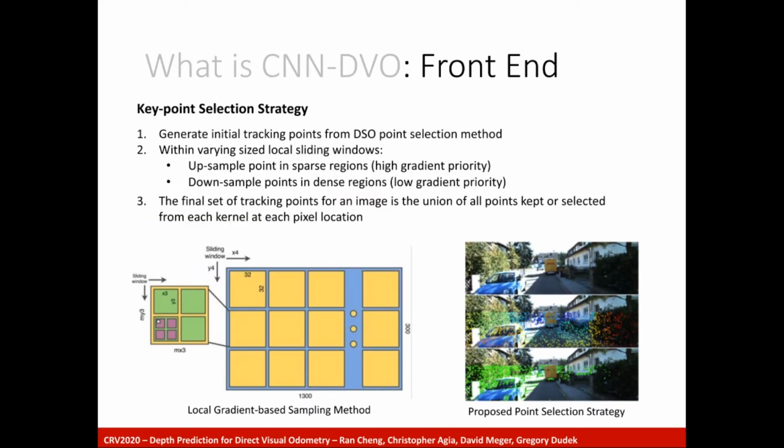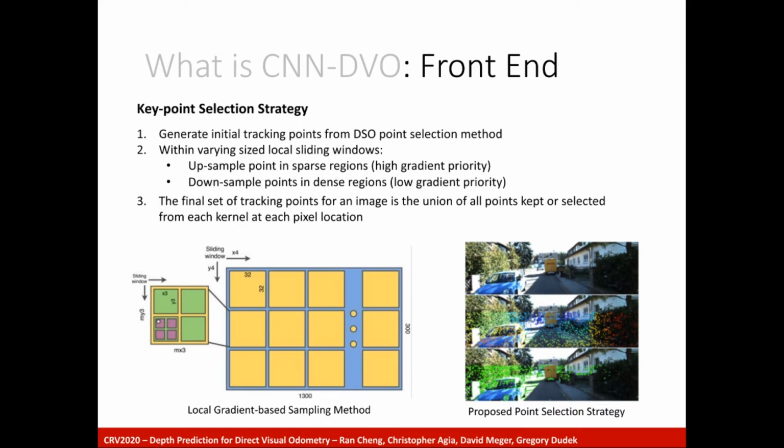So let's get a little bit more into the CNN-DVO front end. So the first proposal we make is an updated point selection strategy, which extends the original point sampling method from DSO. So why do we do this? The original point sampler selects tracking points based on the local image gradient and prioritizes sampling points in high gradient regions, as these points contribute most to the second order optimization.